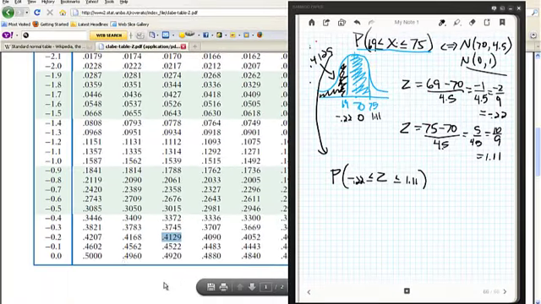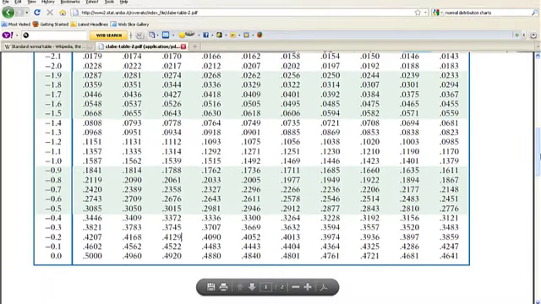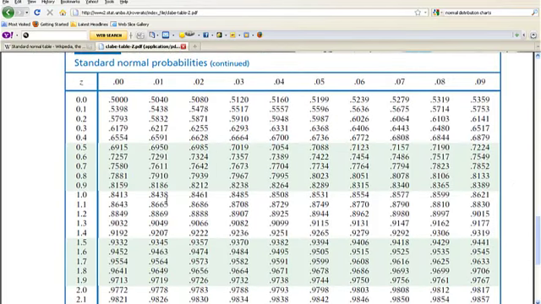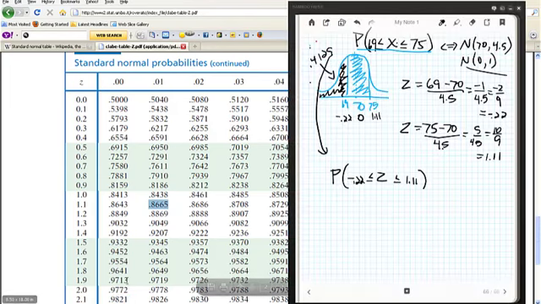Okay? Now let's go find 1.11. Hopefully, again, you're looking in your book. I got 0.8665. Now, I'm a little punchy today, so bear with me. 0.8665. So I go back here. Now, this is going to be a little nastier, so I'm going to change the color.